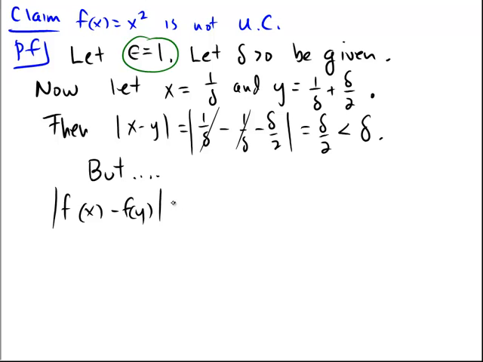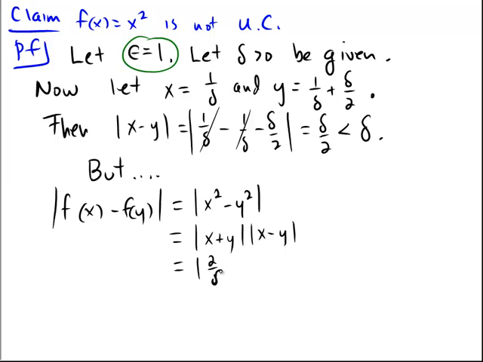f of x minus f of y is equal to absolute x squared minus y squared, which is absolute x plus y, absolute x minus y, which is, because of the choice of x and y, 2 over delta plus delta over 2 multiplied by x minus y, but that's equal to delta over 2, and this is bigger than, inside of the absolute value here, I'm going to knock off this positive thing in order to make the inequality hold and be smaller.